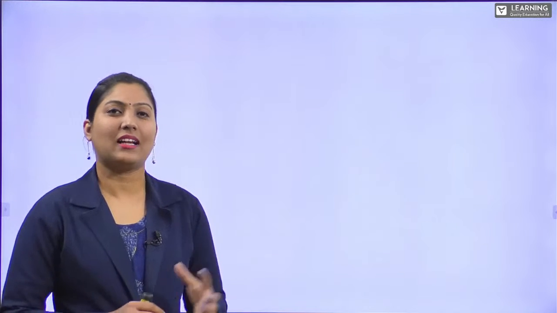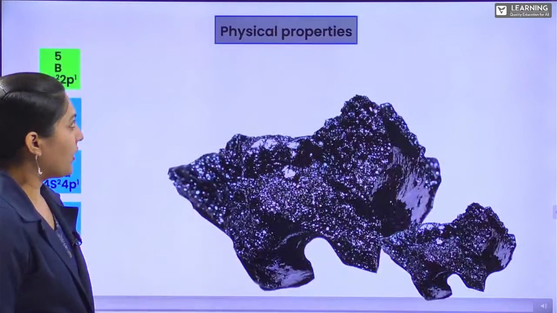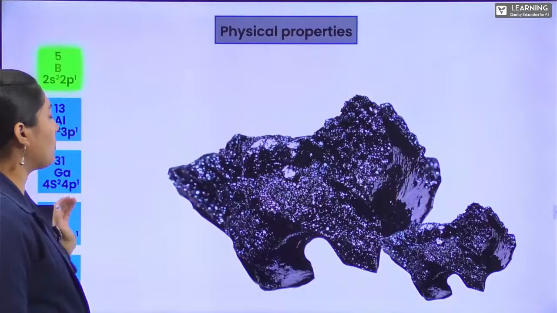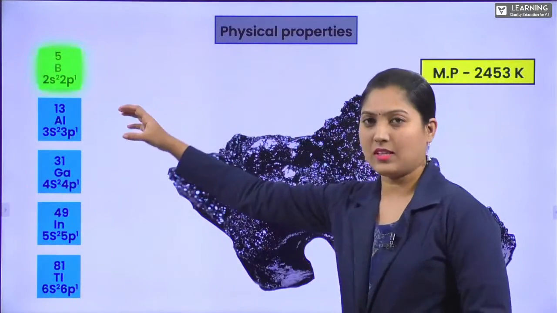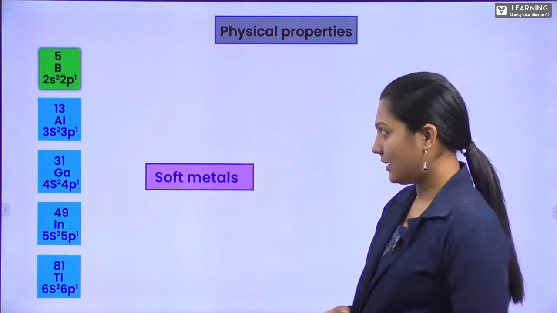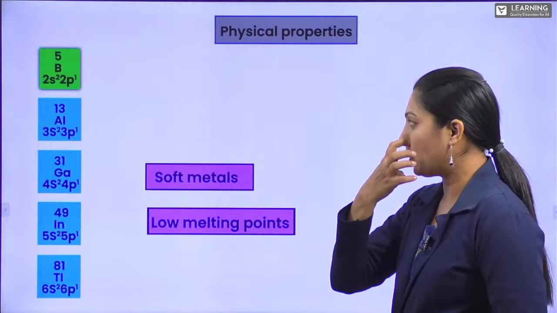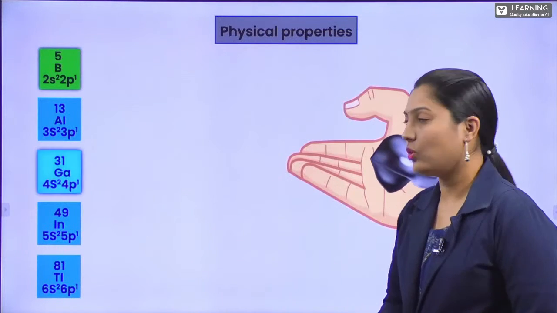Without wasting the time, we'll get into this. So today we are just going ahead with physical and chemical properties. We have already learnt about the physical properties, right? So we know the 13 group elements. In 13 group elements, boron is the first one, and boron and aluminium we are studying in detail now. So apart from boron and aluminium, all other heavy elements are soft and have low melting point.